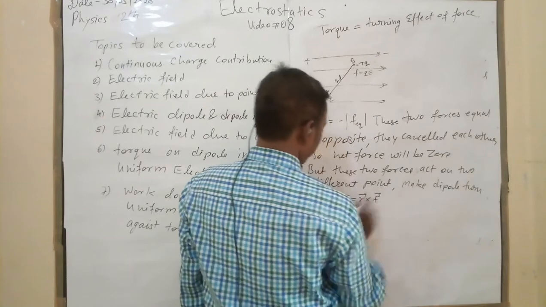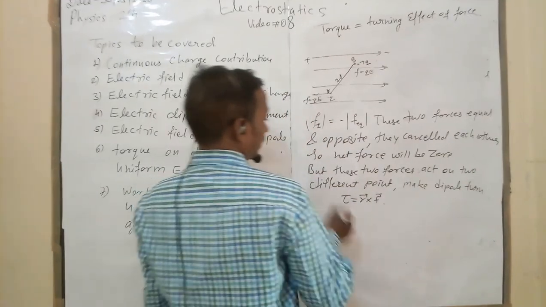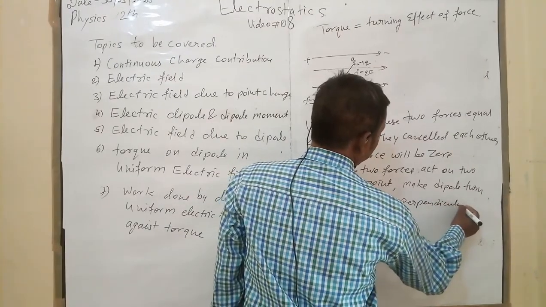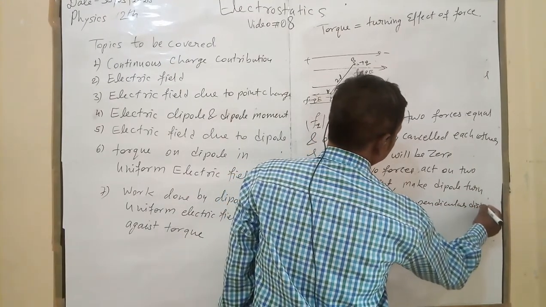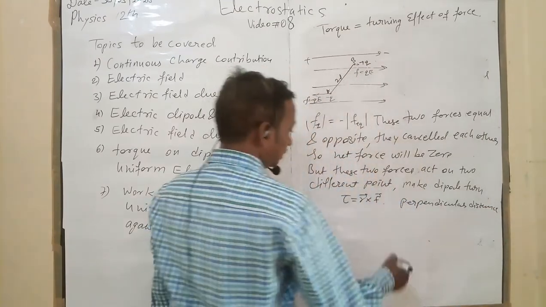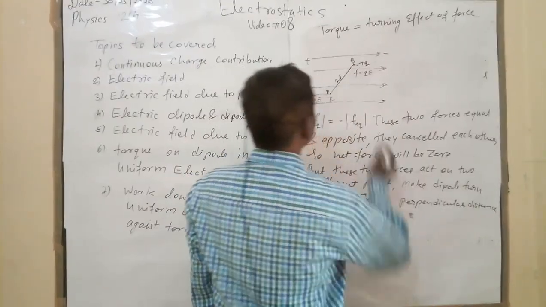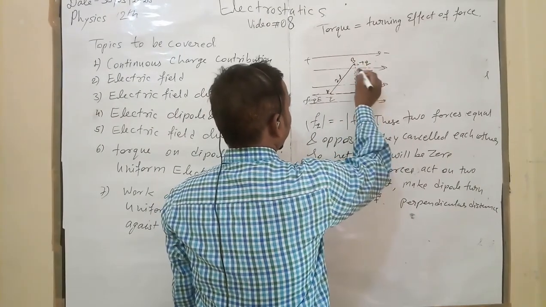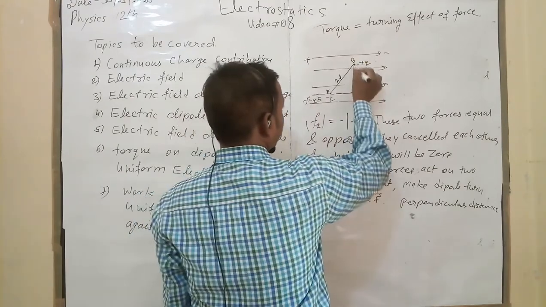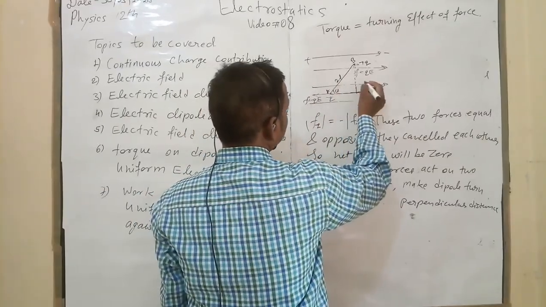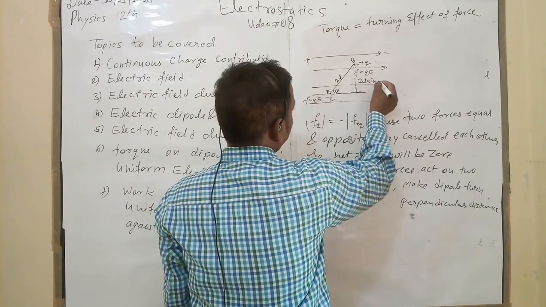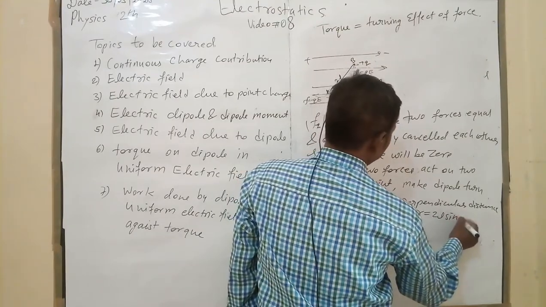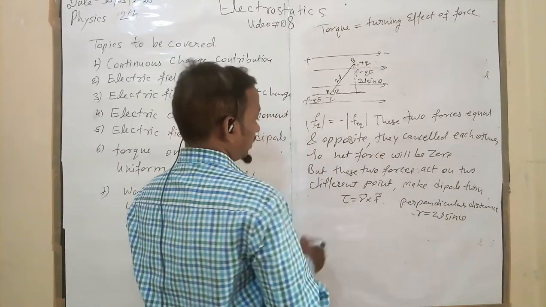So see here, what is the perpendicular distance between the forces? One force is this, one force is this. If this is the angle theta, then this distance is 2l sin theta, that is r equal to 2l sin theta. And what is the force?